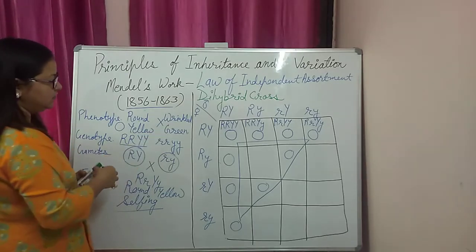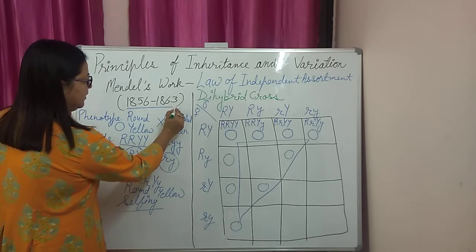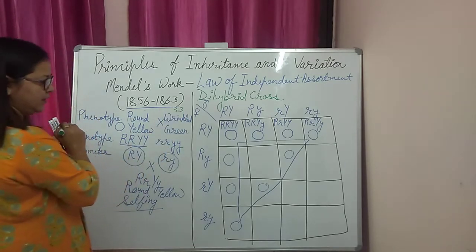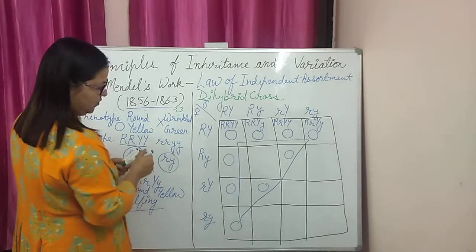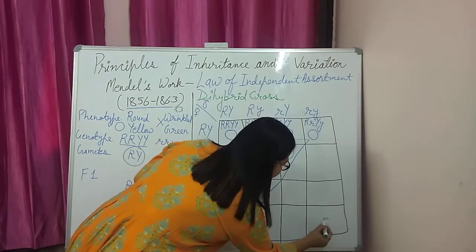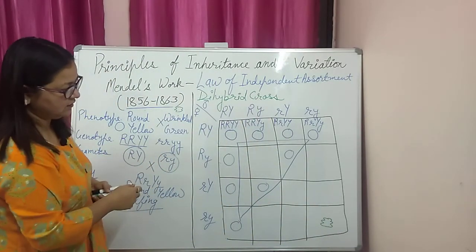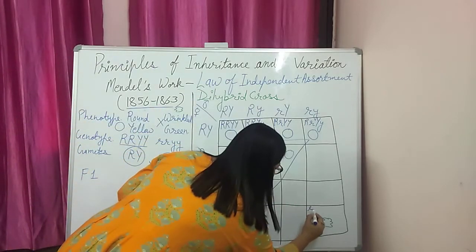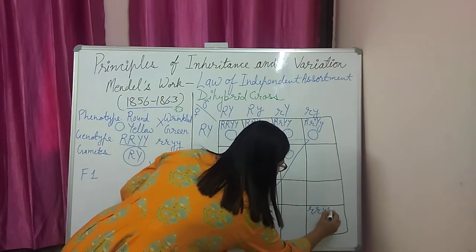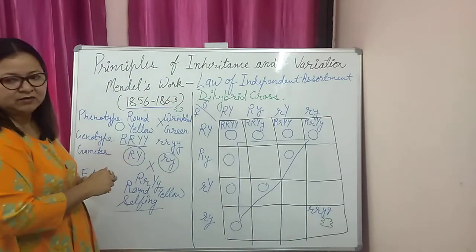Now next come to the wrinkled and green. If I use wrinkled and green this way, okay. So now in this last column you will get the genotype. You can write here small r, small y, that is the second parent, wrinkled and green.